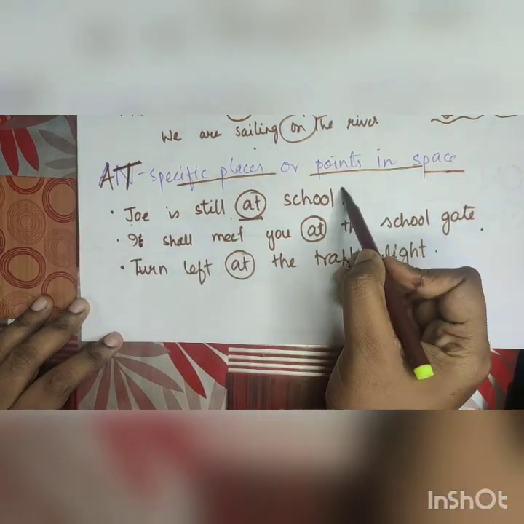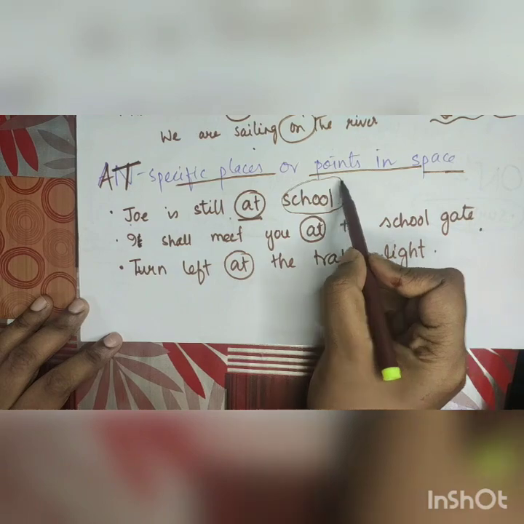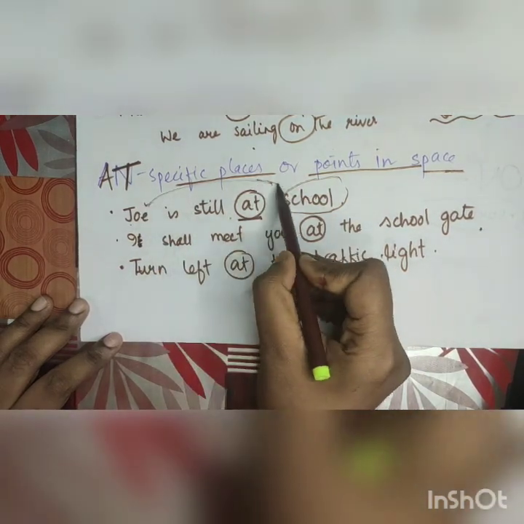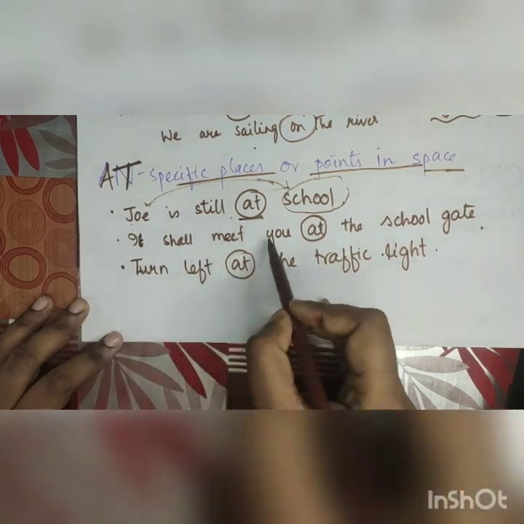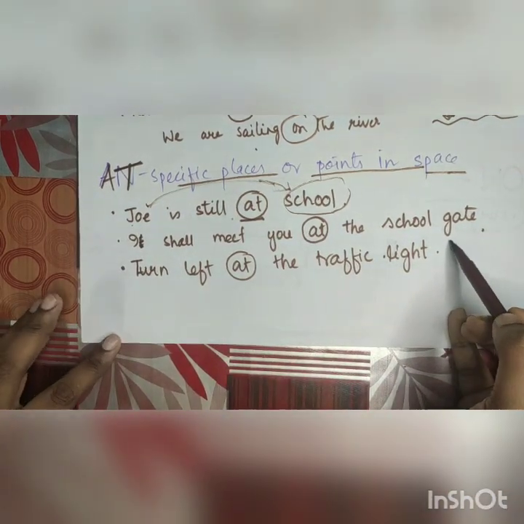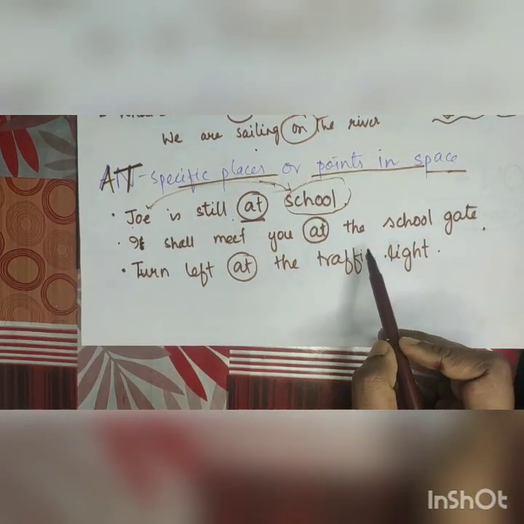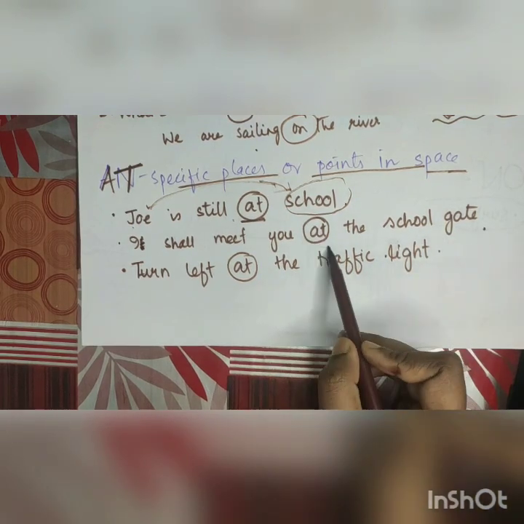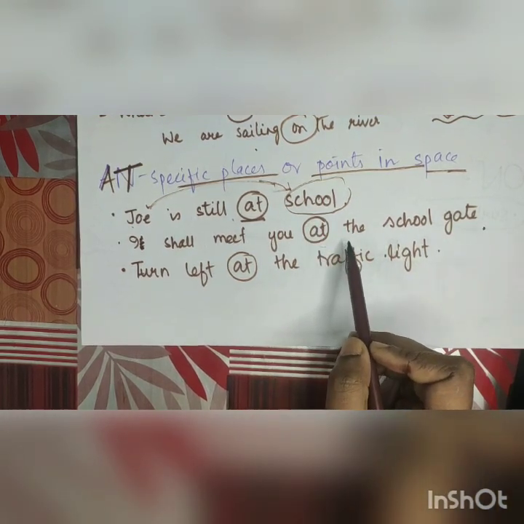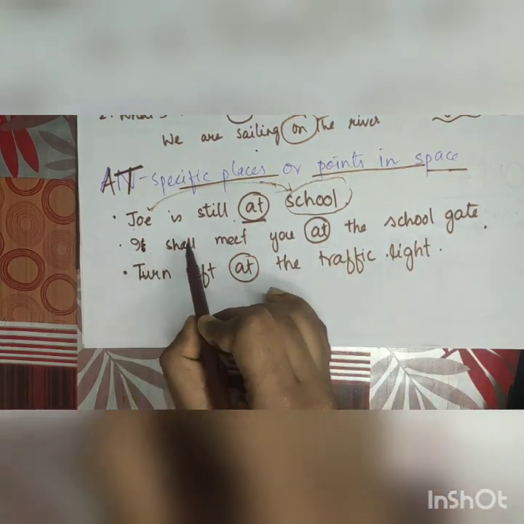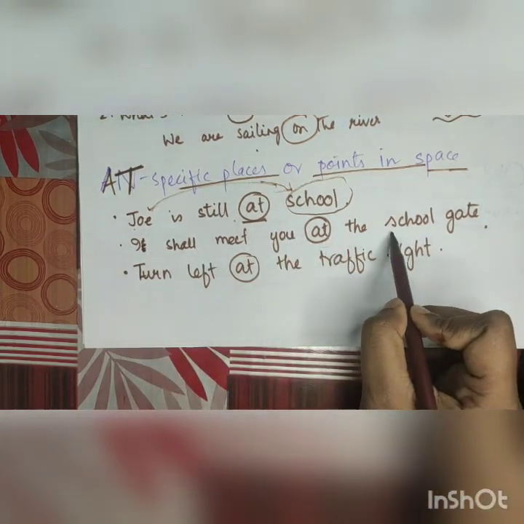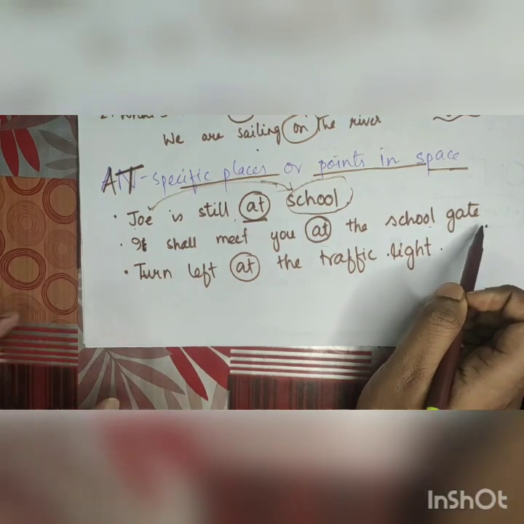So it is telling the position of Joe, at which place Joe is there. I shall meet you at the school gate. School is a big place, but that particular point where I will be meeting you is the school gate.